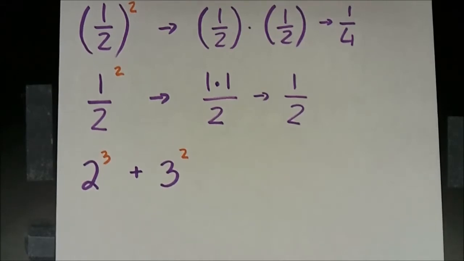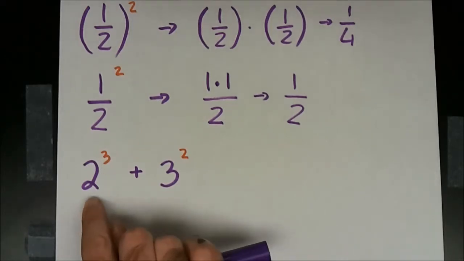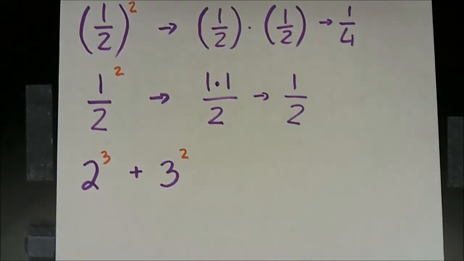Okay, that's not so bad. I'm keeping it as simple as I can. Now, how would I write the 2 to the third power out of its exponential form? What would that look like? Can someone tell me?